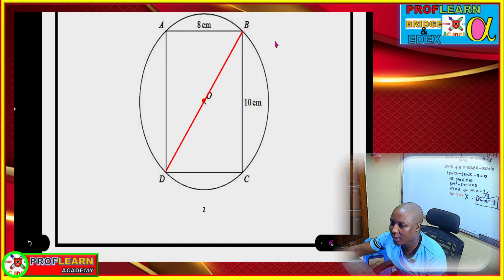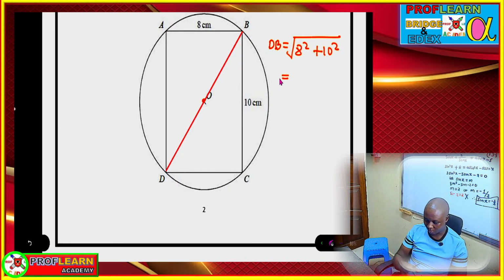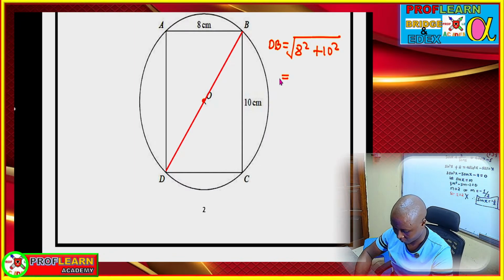So we are going to say DB is going to be the square root of 8 squared plus 10 squared. If we work out the square root of that, what are we going to get? The square root of 10 squared plus 8 squared.